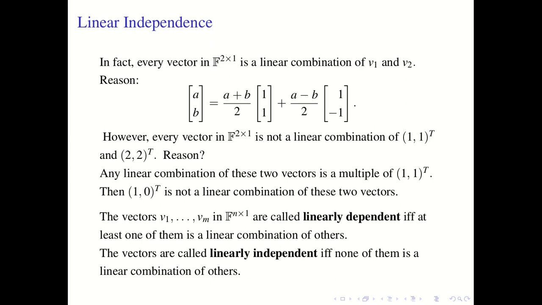And we say that a collection of vectors is linearly independent if it is not linearly dependent, or in other words, none of these vectors can be expressed as a linear combination of the others.